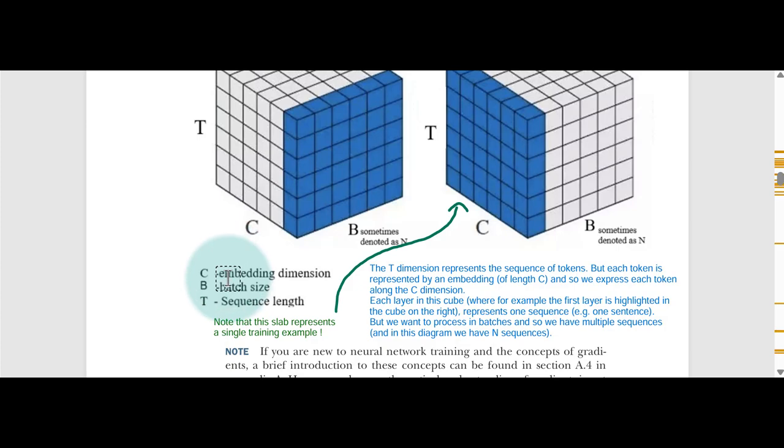And C is the embedding dimension. That's very important. We said we might have an embedding dimension of 2, or 3, or 768, or whatever it is.